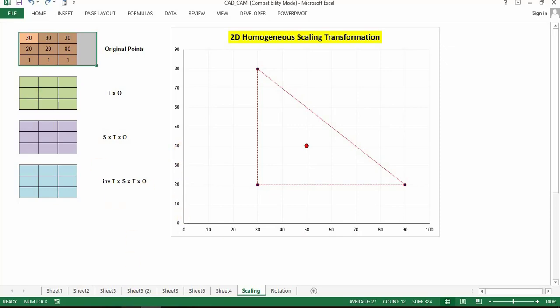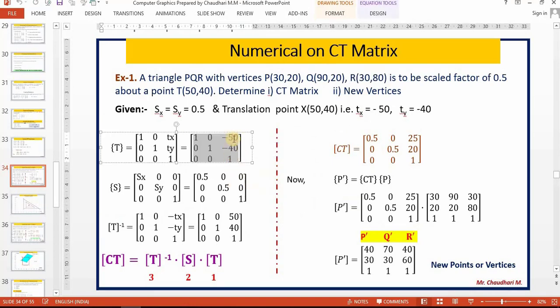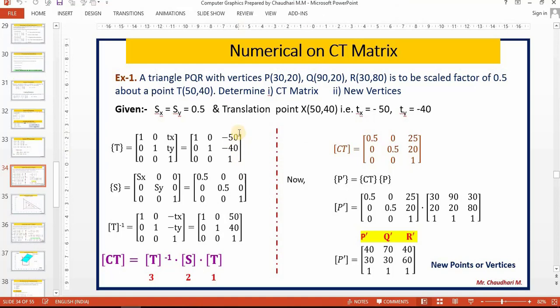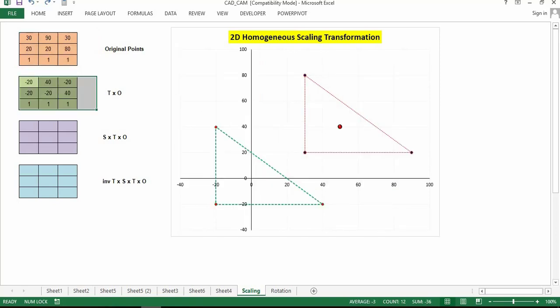So in this, minus 50 and minus 40. Whenever we apply this translation and multiply with the original vertices of the triangle, the matrix looks like this.